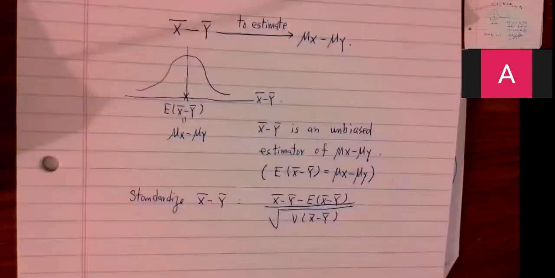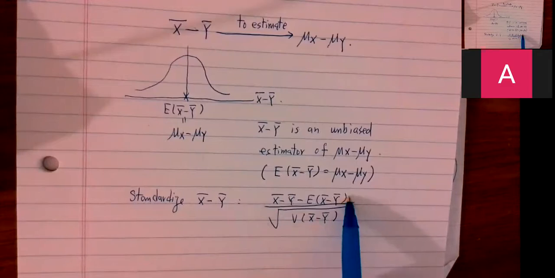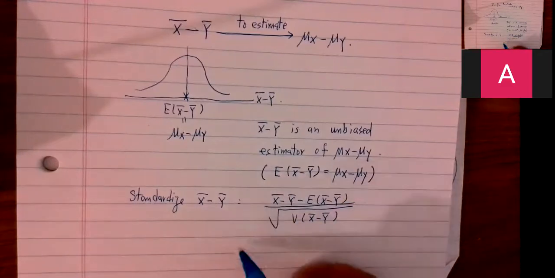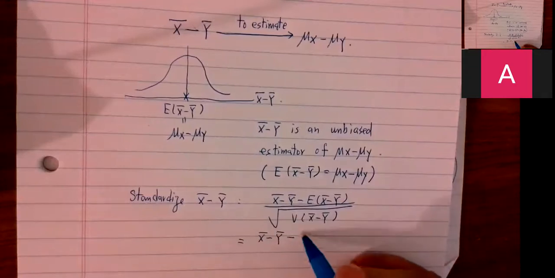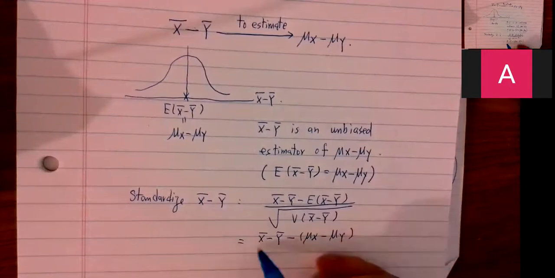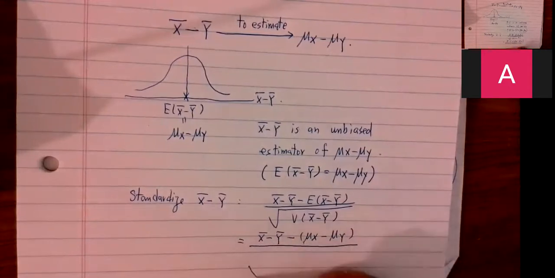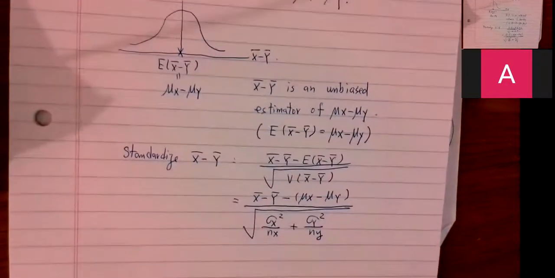We're going to get X bar minus Y bar, subtract by mu X minus mu Y, over square root of sigma X squared over nx plus sigma Y squared over ny. Okay? Are you with me?